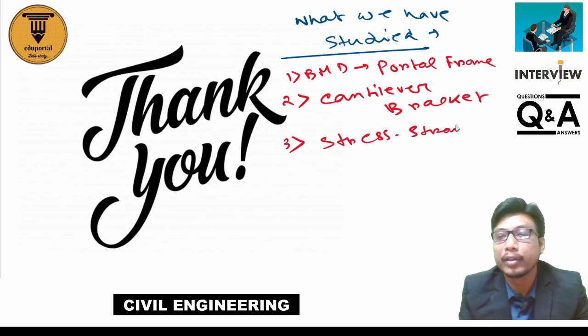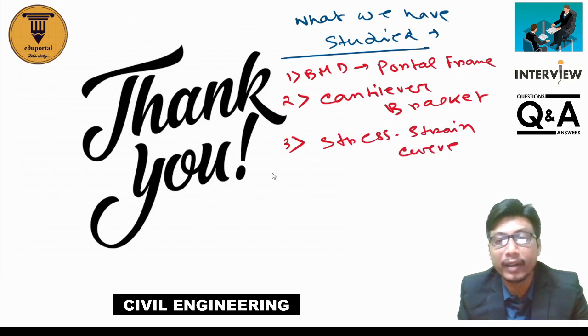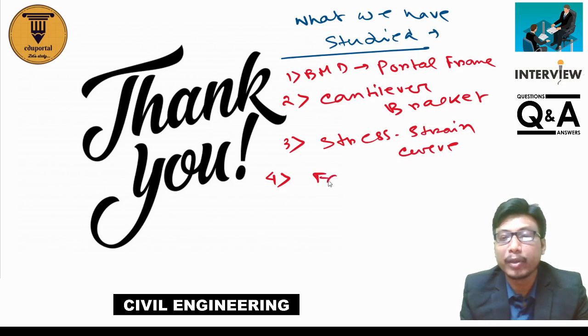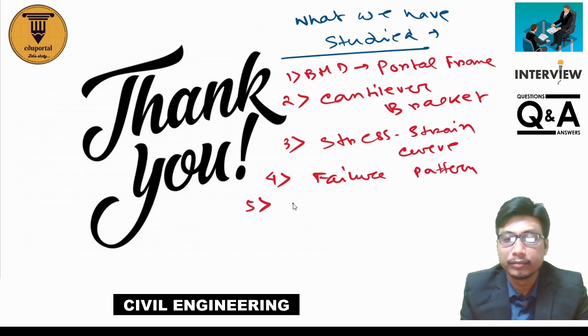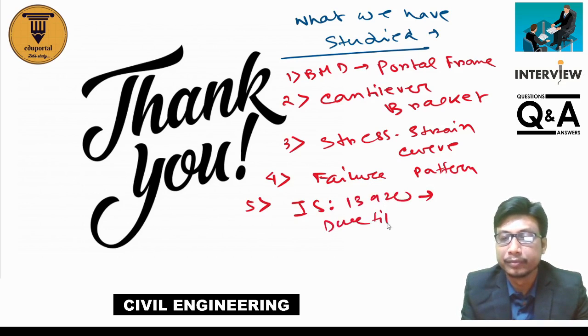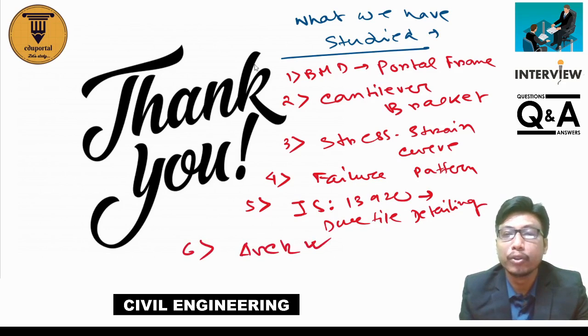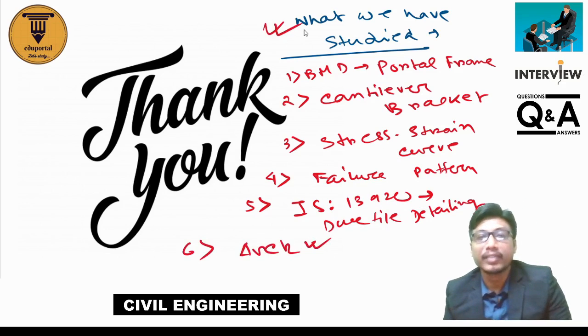Fourth is the failure pattern of ductile and brittle material. Fifth is IS 13920, that is ductile detailing. And sixth is the arch. So these are the things that we have studied in this video.